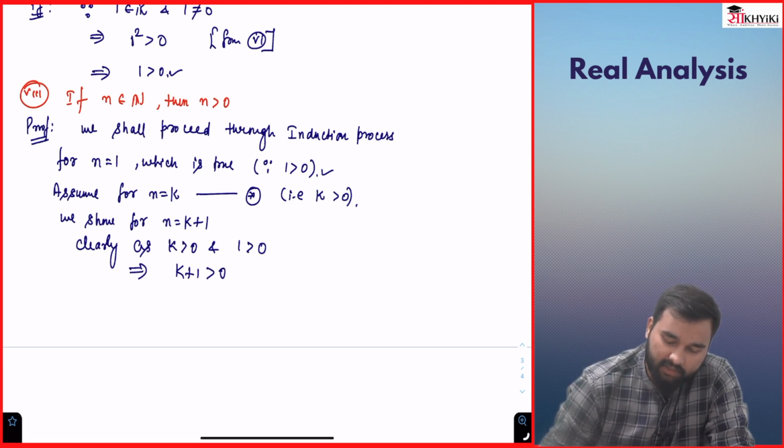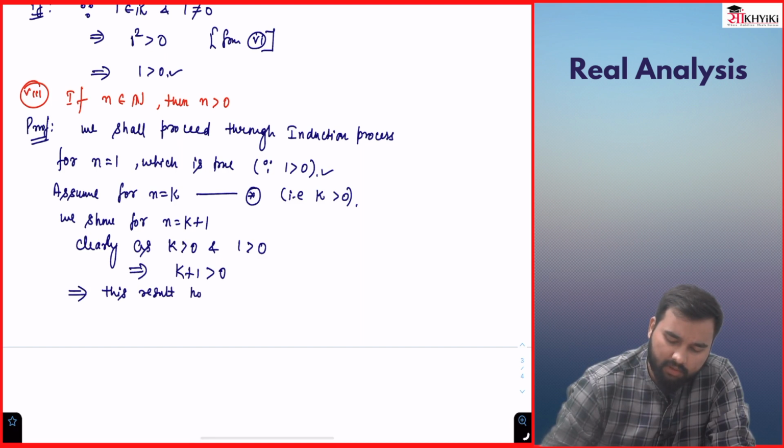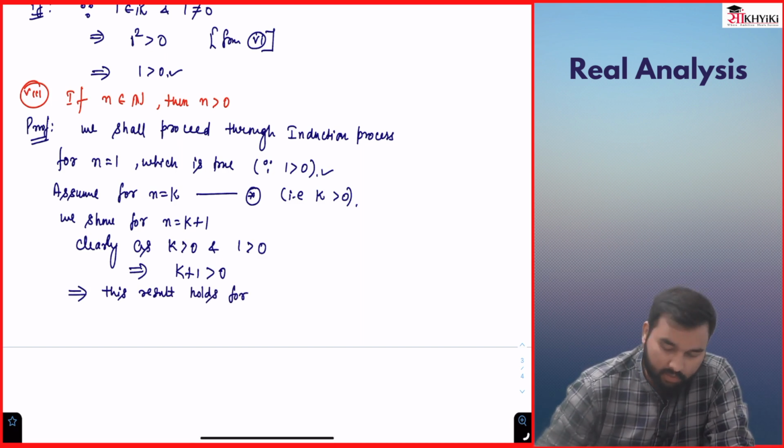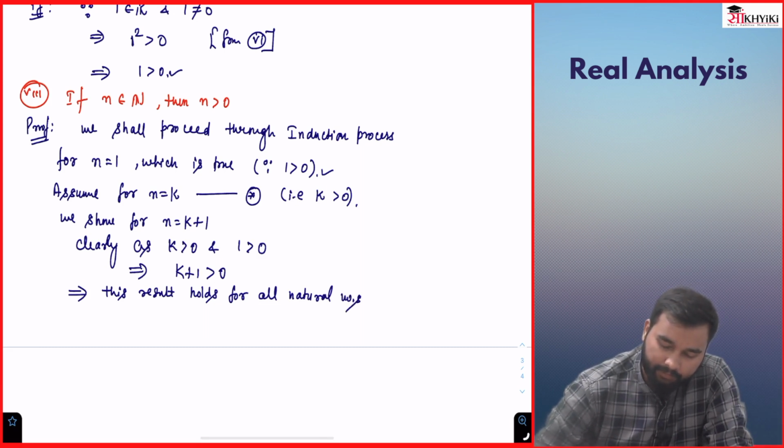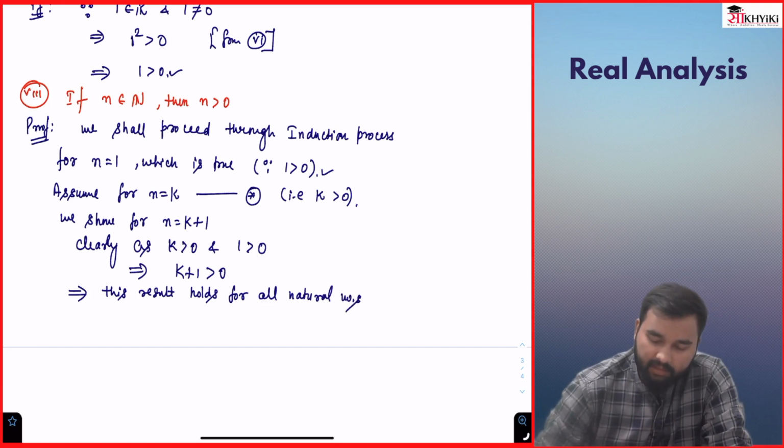And so this implies what? This result holds for all natural numbers. Yes, यही प्रूव करना था हमें. And why is it greater than 0?